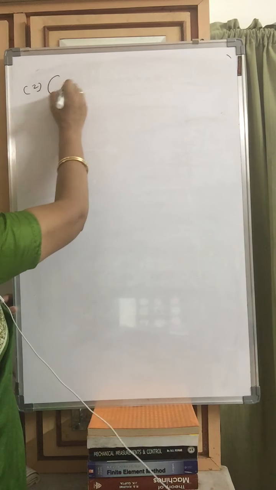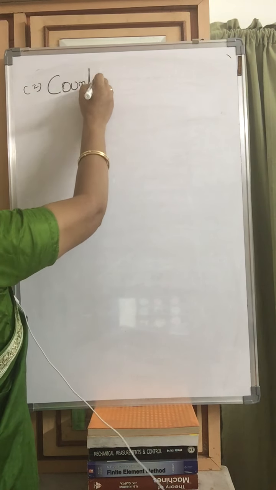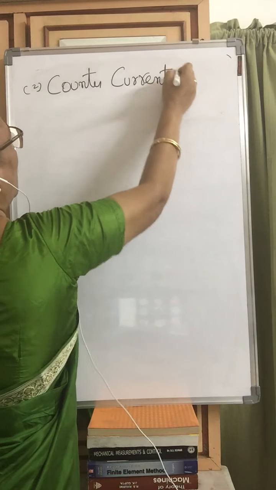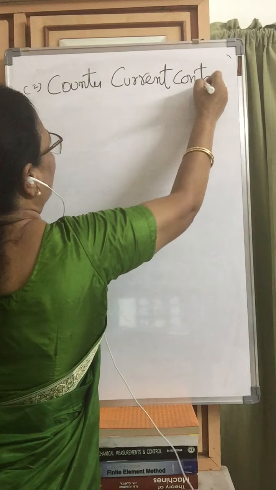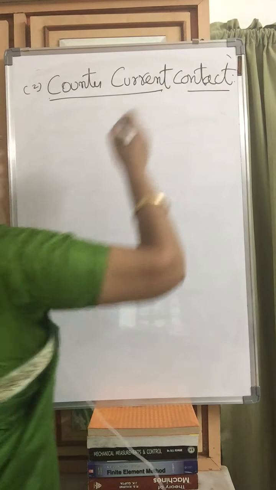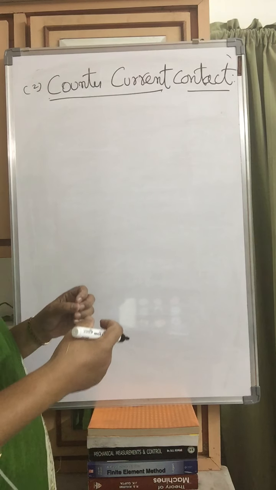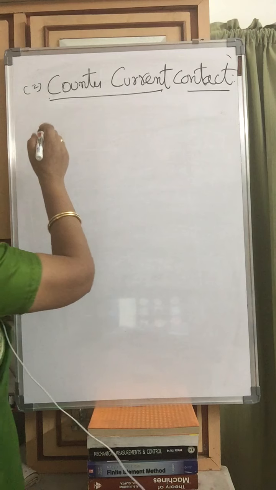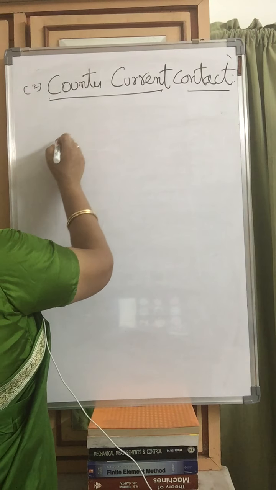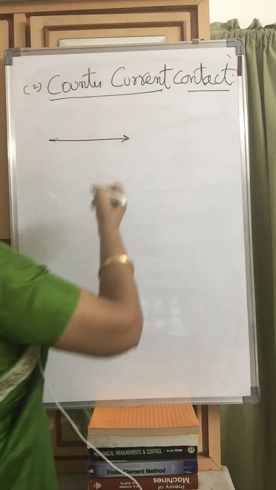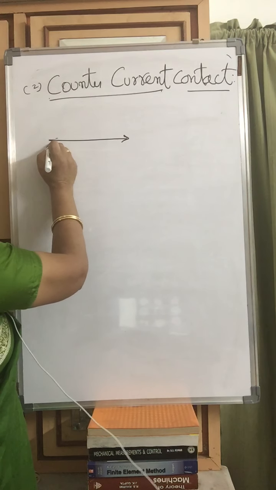Now the second way is counter current contact. The second way of bringing contact between hot and cold fluids is counter current contact. For this, what is the two-line diagram? First, draw for cold fluid as I explained earlier.